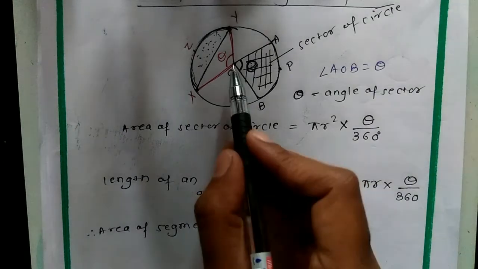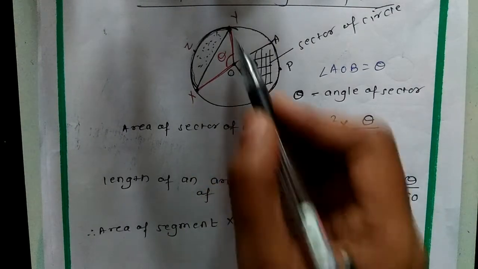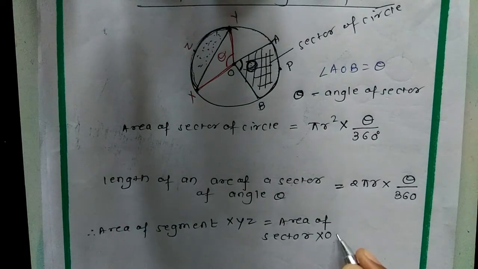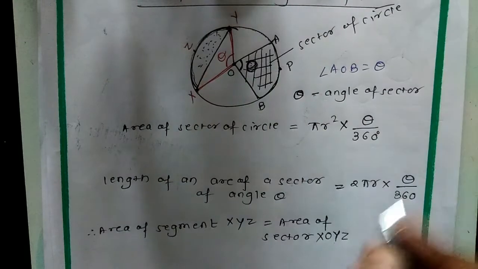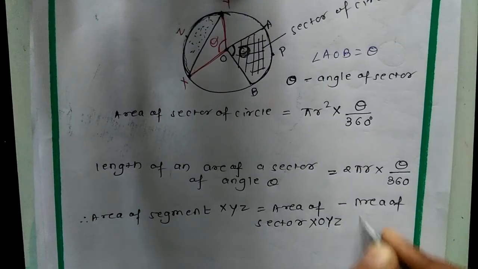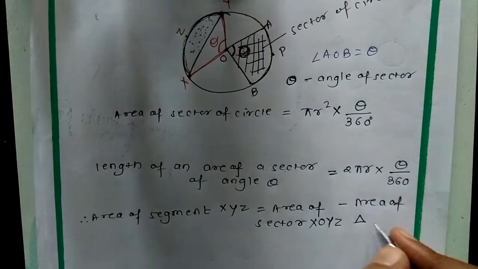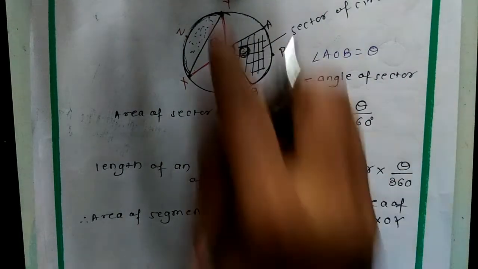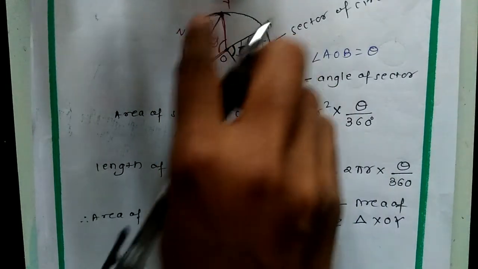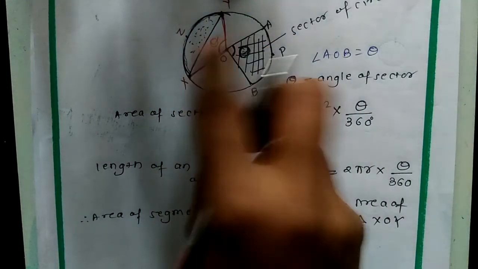The sector we have here is XOZY. So from this sector area XOYZ, we have to subtract the area of triangle XOY. When you subtract the triangle area from the full sector area, you will get the area of segment XYZ.